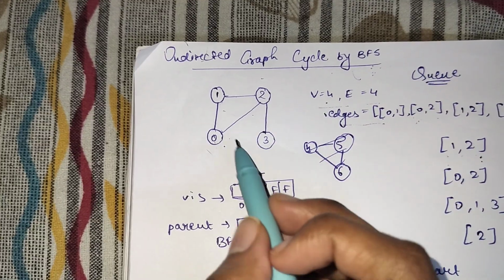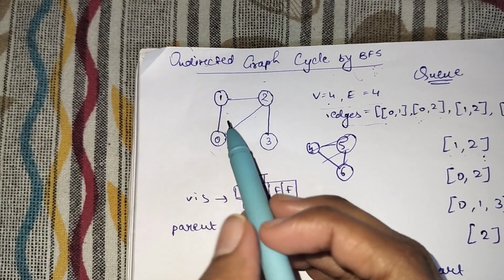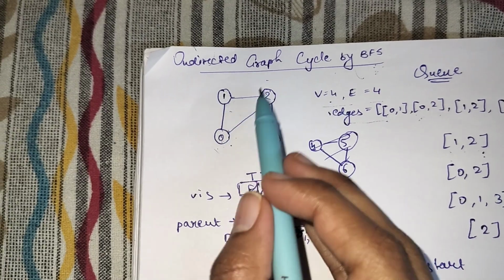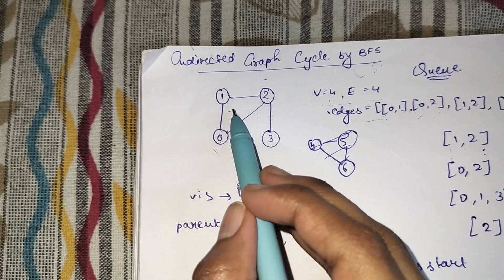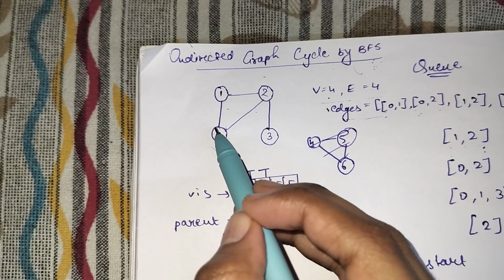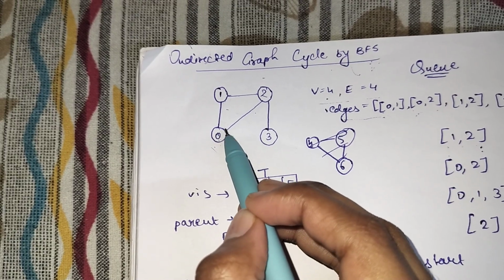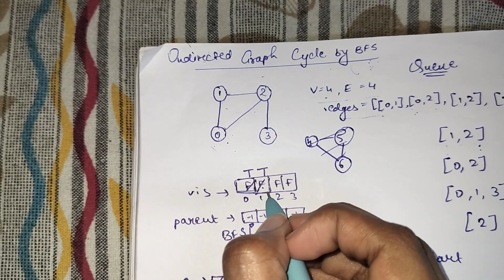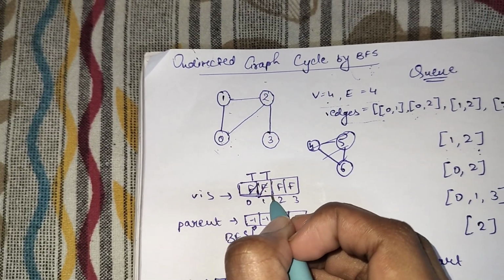Now my 1 node is connected to 0th node, so I can say it is the parent. Yes, it is an undirected graph, but for our purpose we can say, since we started from 0, from 0 it is going to 1, right? So for my 1th node, 0 is the parent.